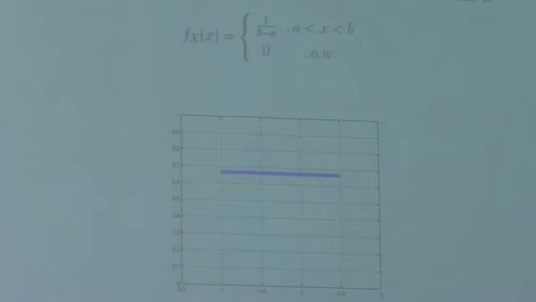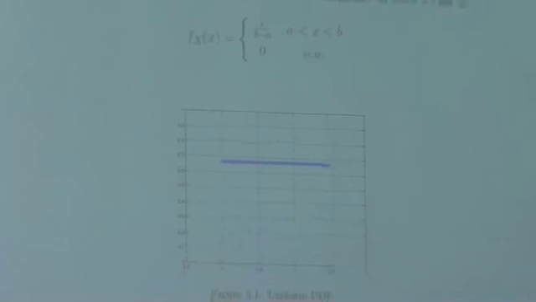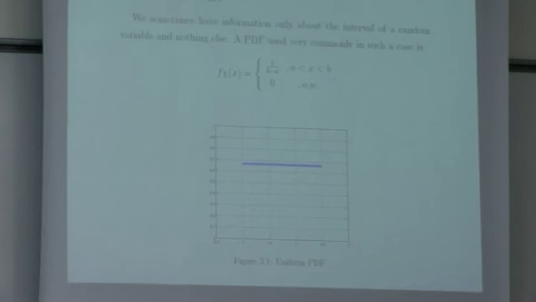It's a constant level in that interval from a to b, and it's a single interval. Since it has to be constant and it has to integrate to 1, that level should be 1 over b minus a. Today, we will compute the expectation and variance of this random variable.